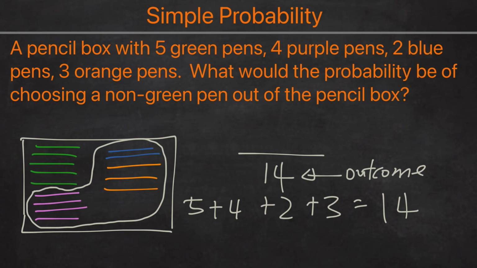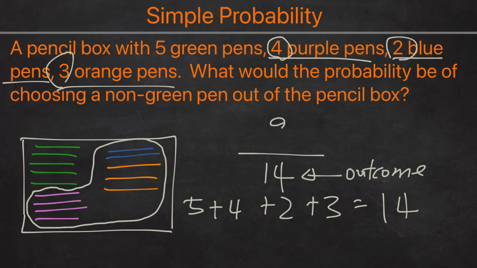We can count that there are 4 purple pens, 2 blue pens, and 3 orange pens. So we just need to add these 3 together. So 4 plus 2 is 6, 6 plus 3 is 9. So it will be 9 out of 14 chances that we would pick out a non-green pen out of the pencil box.